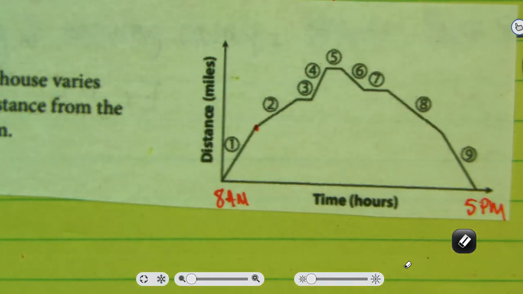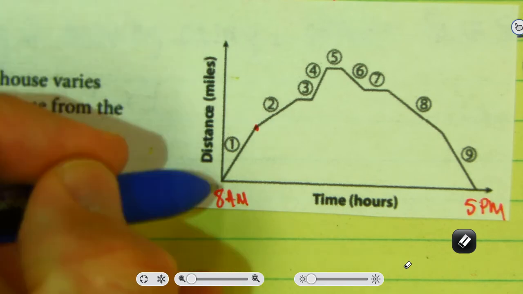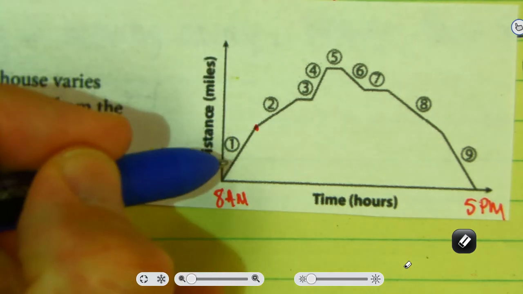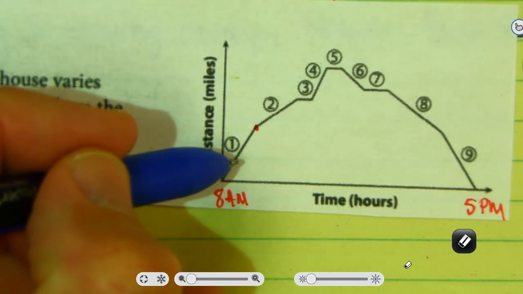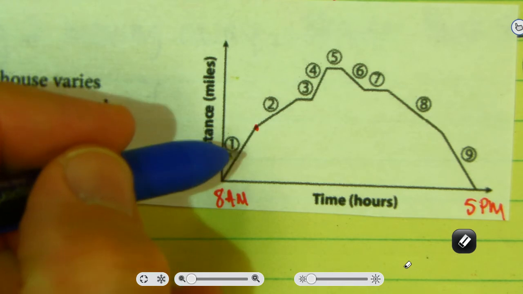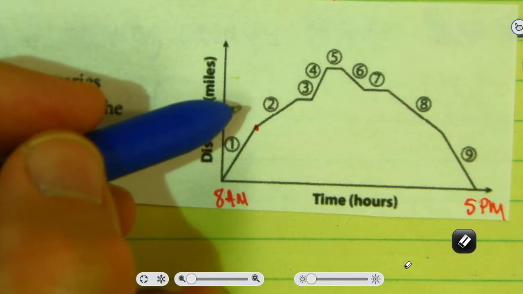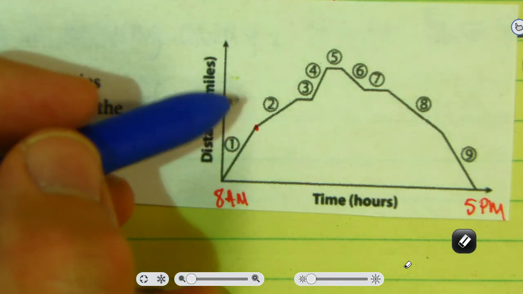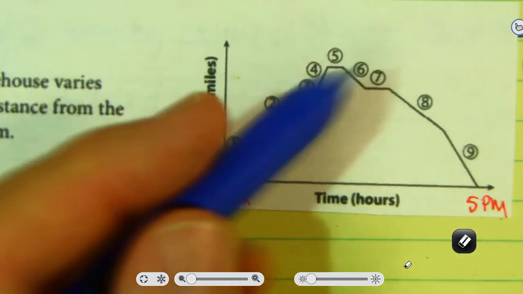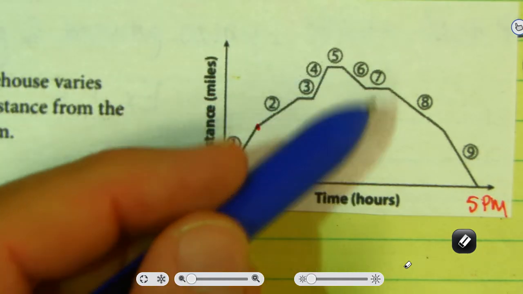Tell me. Am I moving? Has my direction changed? Because remember, this vertical axis is distance. So if we're talking about distance, then what's going on is the distance has decreased.